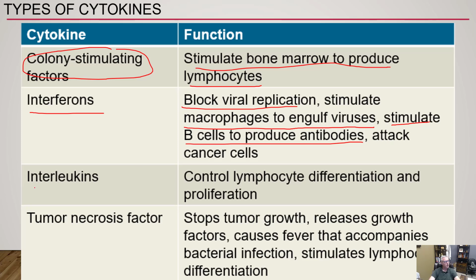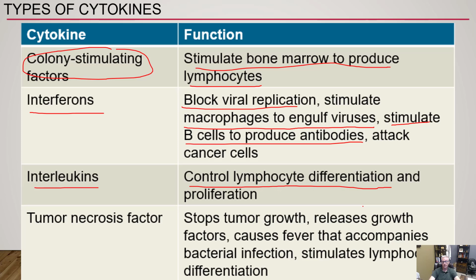Interleukins, we talked about interleukins before with that IL-1, raising that thermoregulatory set point for fever. But they also control lymphocyte differentiation and proliferation. Interleukin 1 is going to activate T cells, whereas interleukin 2 causes T cells to proliferate.